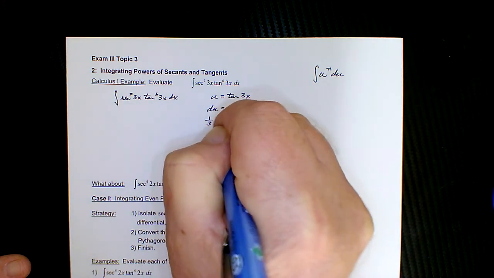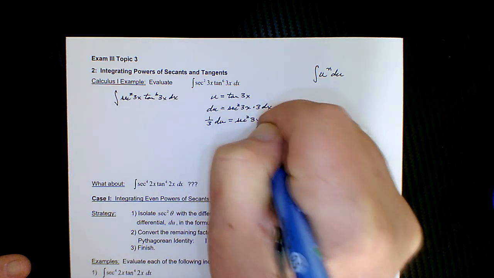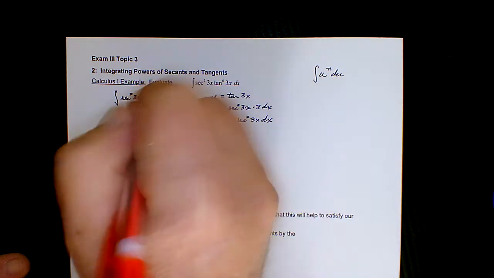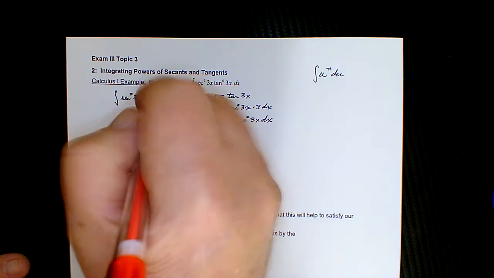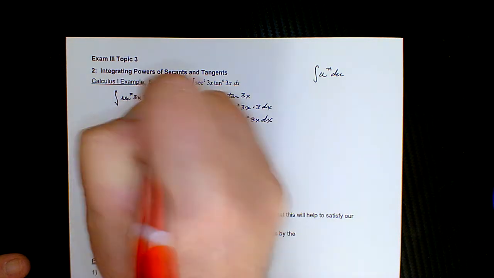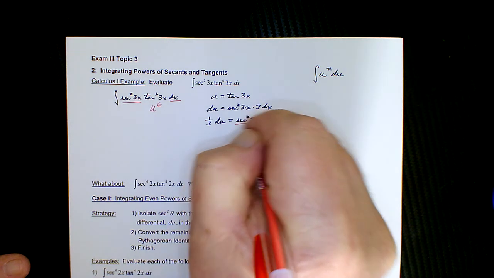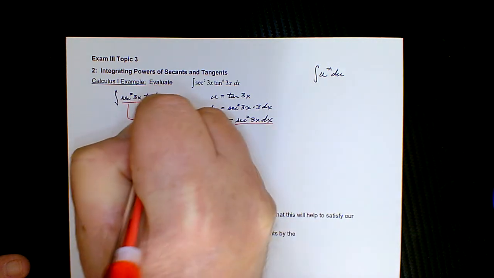Routinely modifying, we get 1/3 du is secant squared of 3x times the differential dx. Going back to the integral, in an attempt to fit the form of u to the n, we chose u to be tangent, so here we have u to the sixth, and we look at the leftovers, secant squared 3x dx, compare them to our du, and we see that they match.